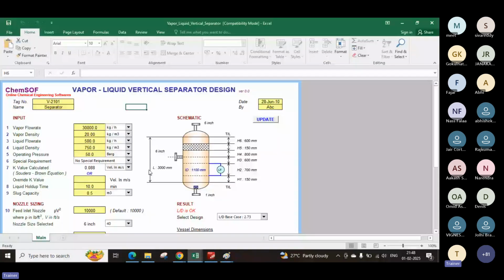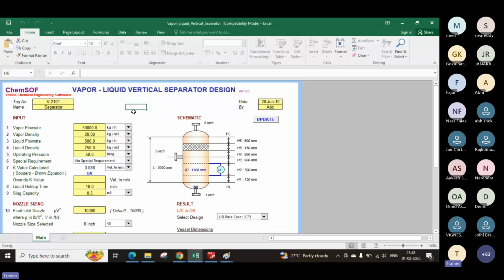What we have generally seen is that each company, whether engineering companies mostly or the vendors, has its own computer programs or Excel sheets developed internally, based on the Shell DEP guidelines, ExxonMobil guidelines, GPSA equations, or generally API 12J equations.